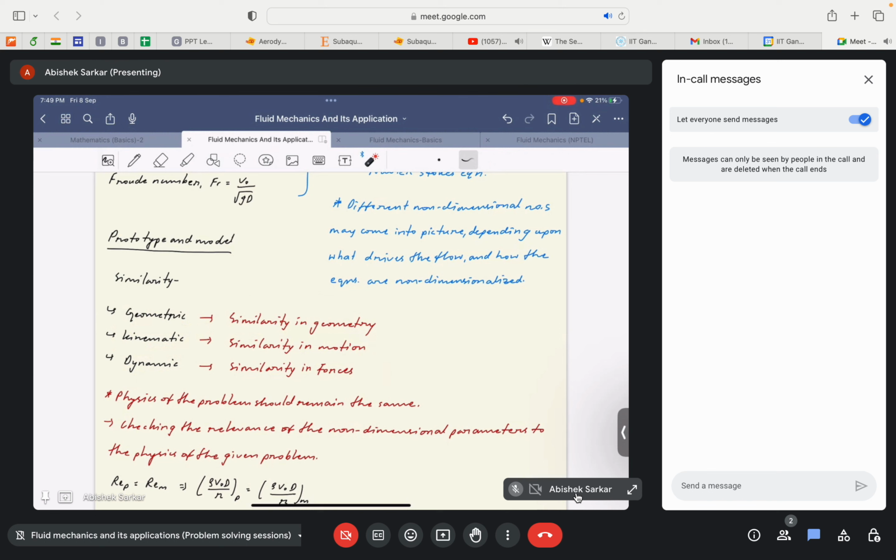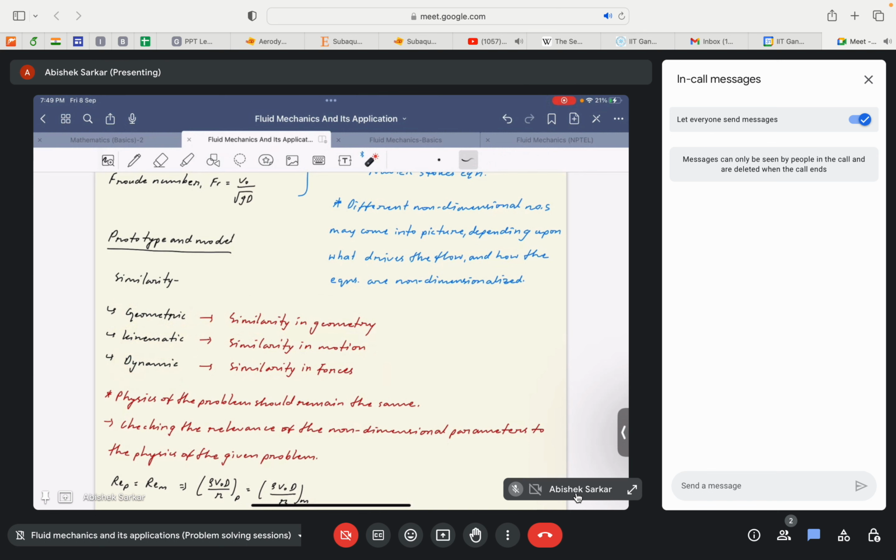Okay, that's the first thing. So kinematic similarity is dependent on geometric similarity, right? So geometric similarity must be satisfied in order to have kinematic similarity. Similarly, to have dynamic similarity, the flow should be geometrically and kinematically similar. So this cannot exist without the satisfaction of these two conditions, right?